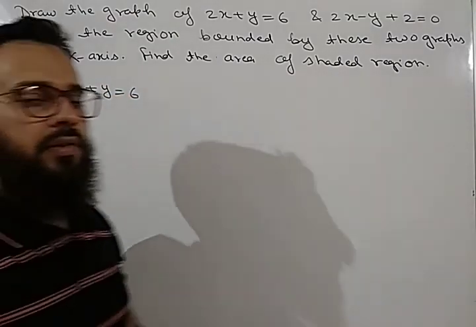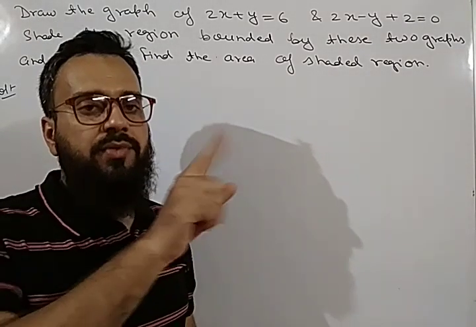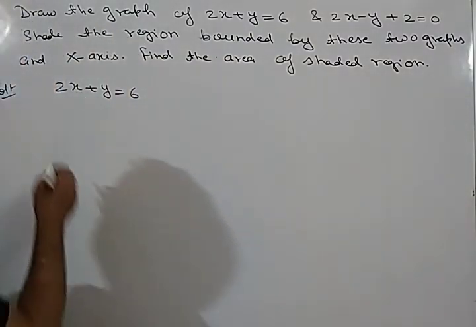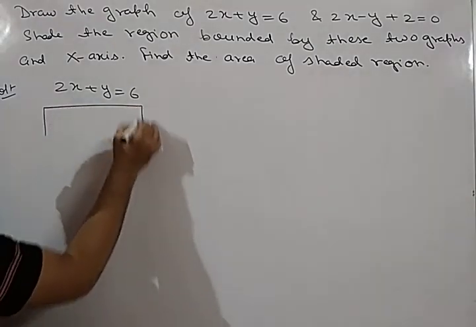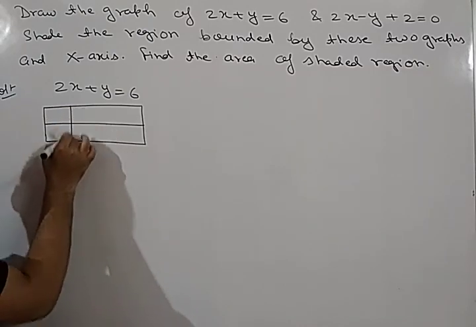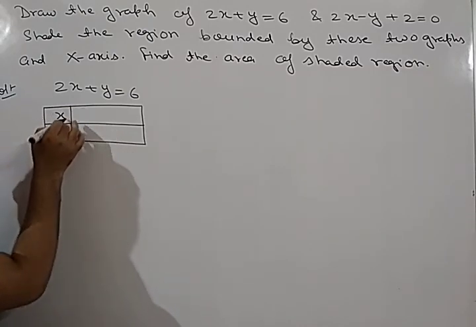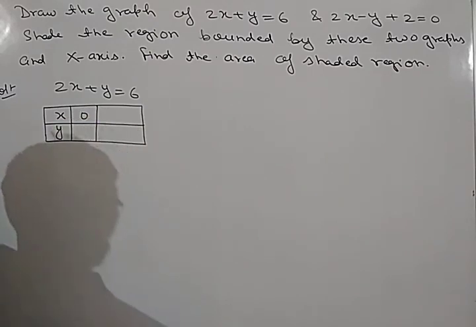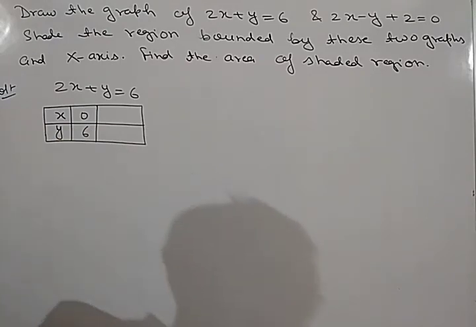In our last video we discussed how to plot the graph. We will form a table, take the values of x and y and plot them. So let us draw the table first. You can draw the graph by only two values. First I am taking x equal to 0. If we put x equal to 0, then y will be equal to 6.